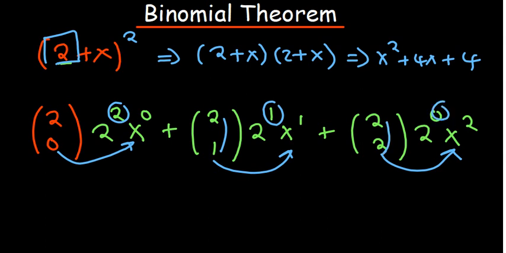That's the basic idea. Now, of course, you know how to simplify what is in the brackets, right? I mean the binomial coefficients. 2 choose 0 is the same as 2 factorial over 2 minus 0 factorial, which is just 2 factorial, and then 0 factorial. I already explained that 0 factorial is equal to 1.